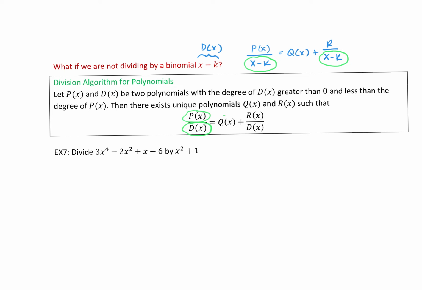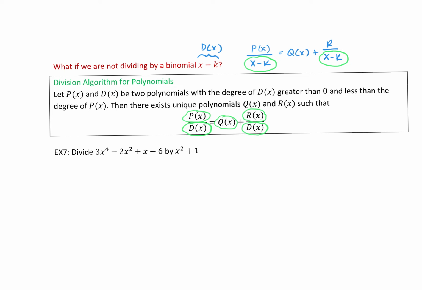And that's going to be equal to this quotient polynomial plus the remainder, but now the remainder might not be a constant because we're just dividing by any polynomial d of x. So the remainder over our d of x, which was our divisor.